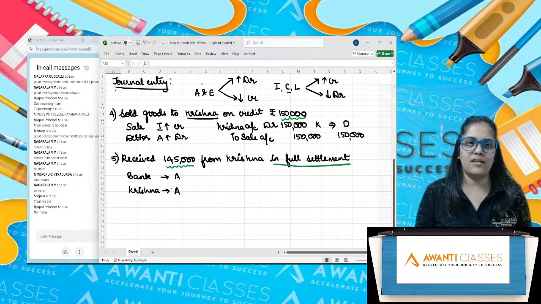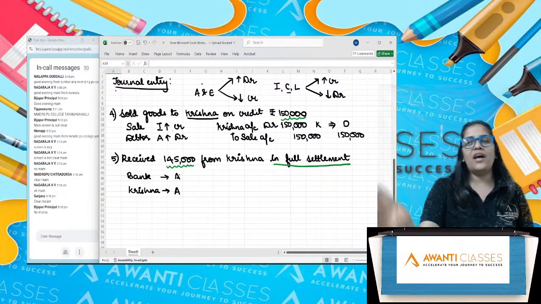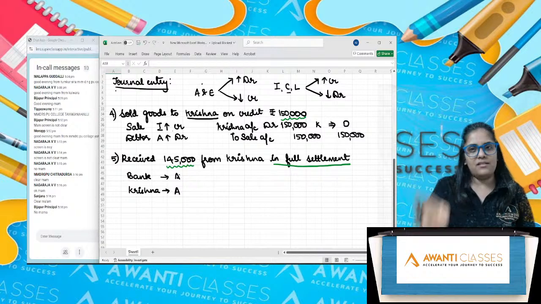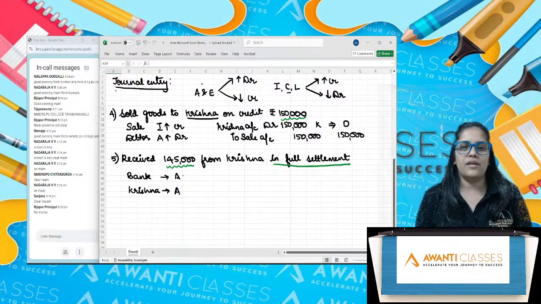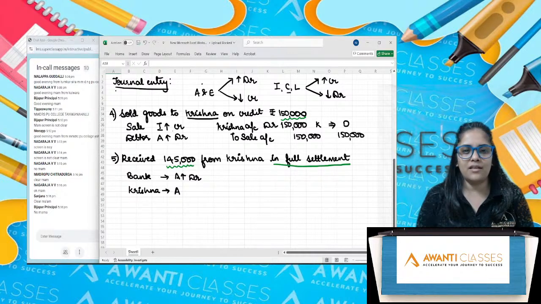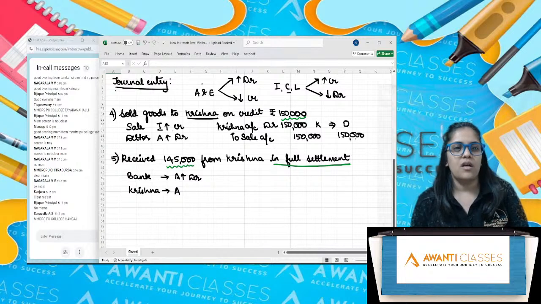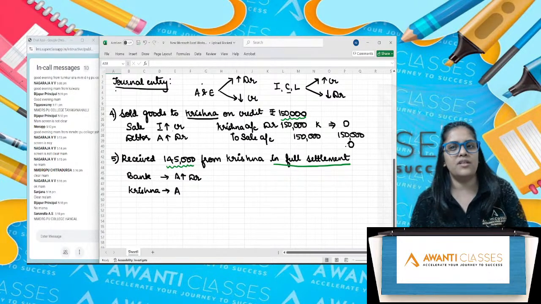If Krishna is paying us money, our bank balance will go up. So asset increase, debit. And this Krishna, his balance was 1,50,000. If he pays this balance, then can I say he will become zero again?